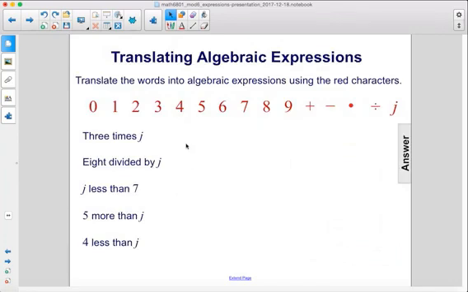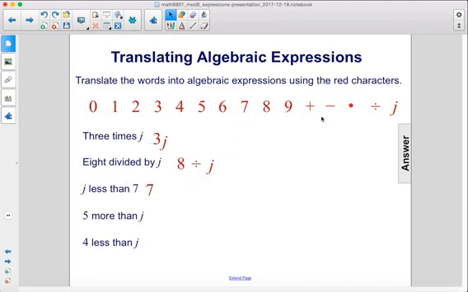Translate the words into algebraic expressions using the red characters. 3 times j, that will be 3j. 8 divided by j, 8 divided by j. J less than 7. Remember, when we see the word than, we reverse the order.